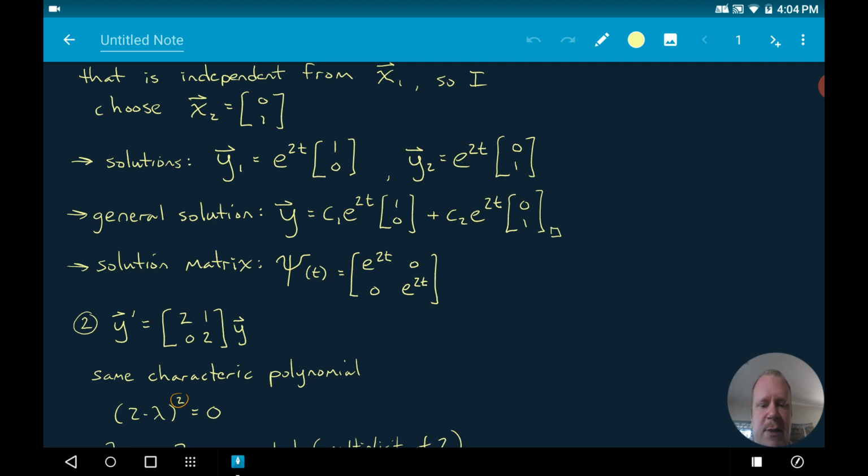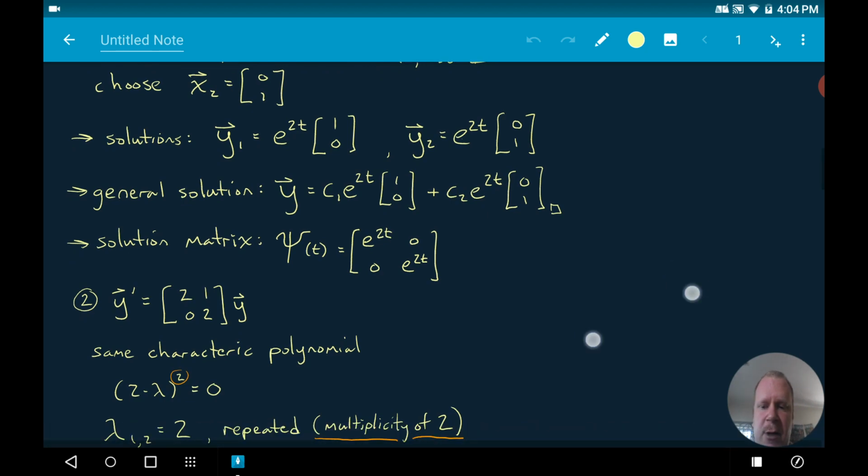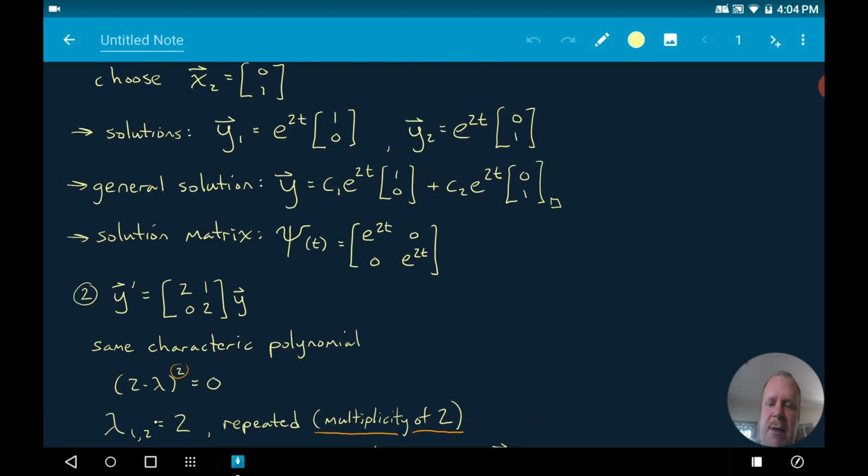So we end up with the same result for our eigenvalues, a repeated value of 2. And we say this has a multiplicity of 2. We can tell that because it's this (2 minus lambda) squared, or it occurs twice in the characteristic polynomial.